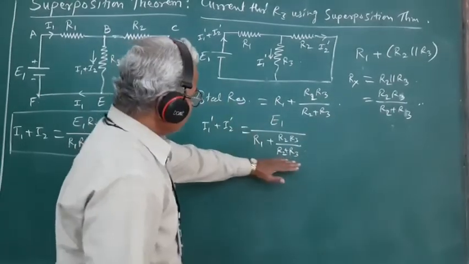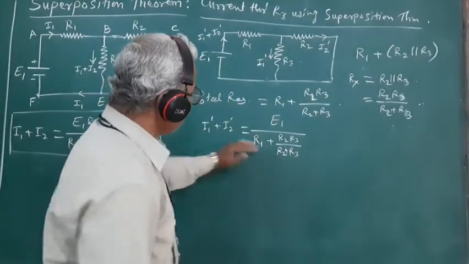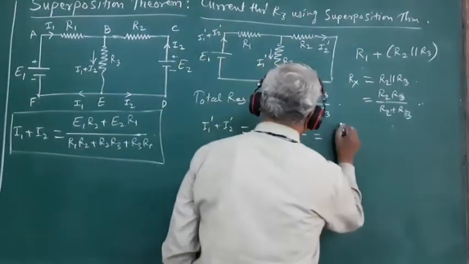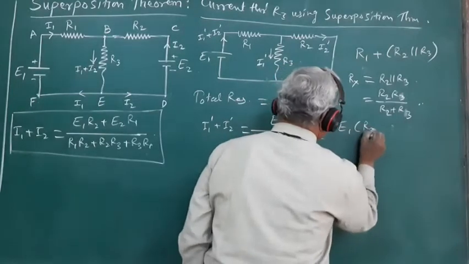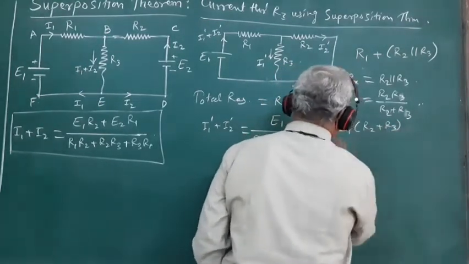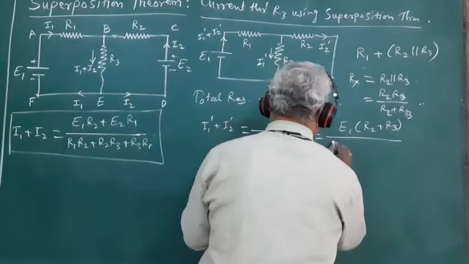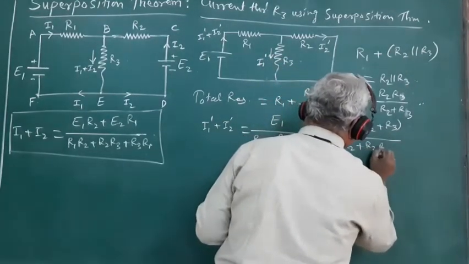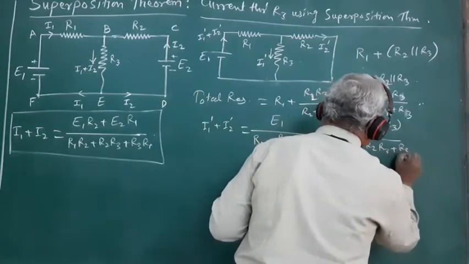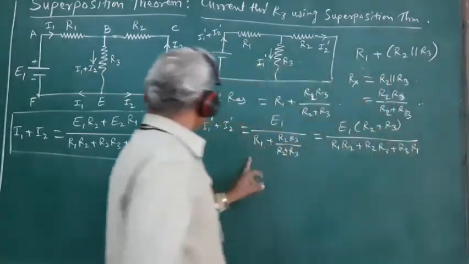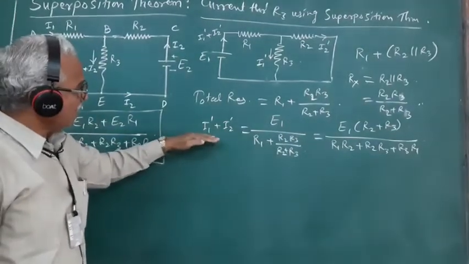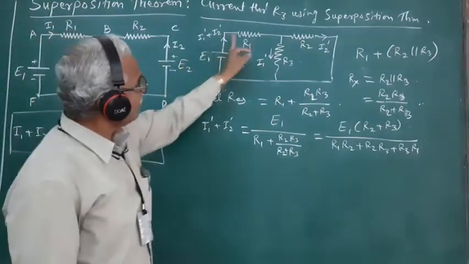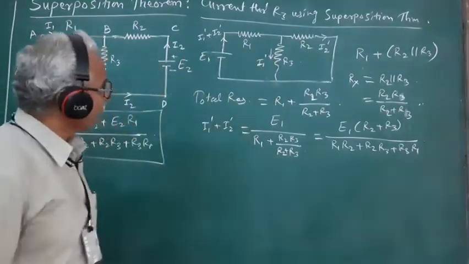So taking LCM here, R2 plus R3 will go to the numerator. So it is E1 into bracket R2 plus R3 divided by R1 R2 plus R2 R3 plus R3 R1.